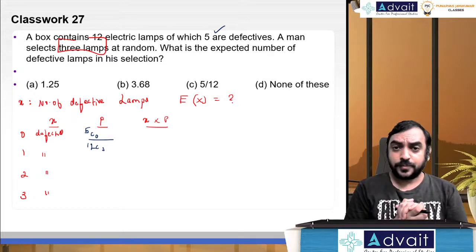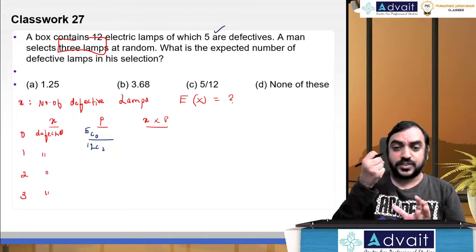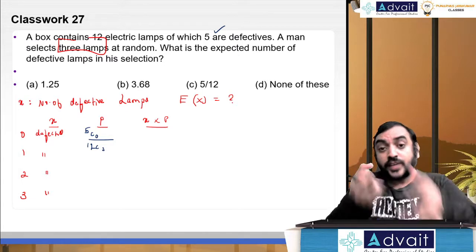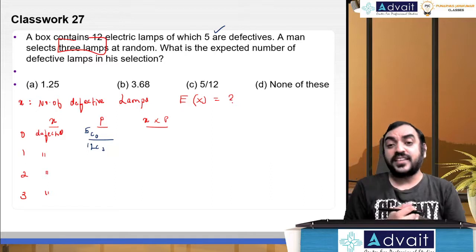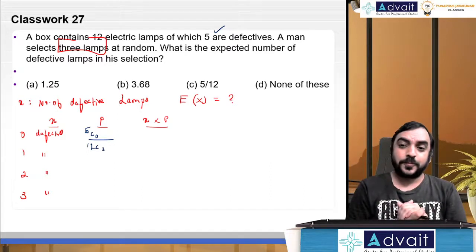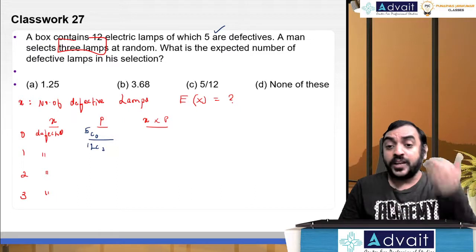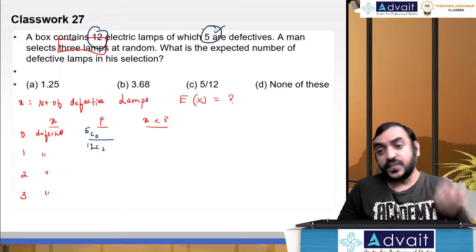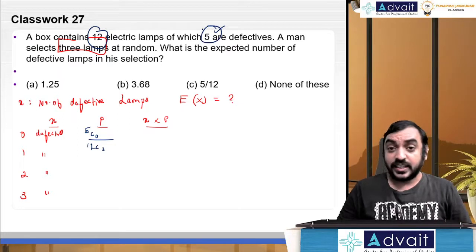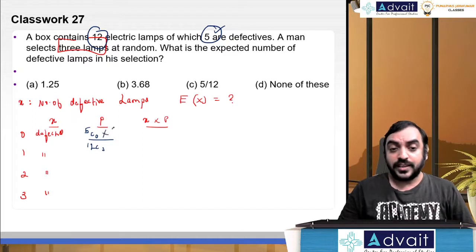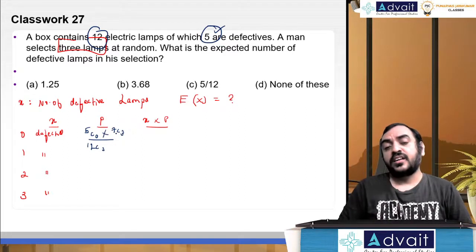They are all proper ones, non-defective ones. Out of 12, 5 are defectives, remaining is 7. Out of 7, you are forced to select 3 because none of them are defective ones, 7C3.